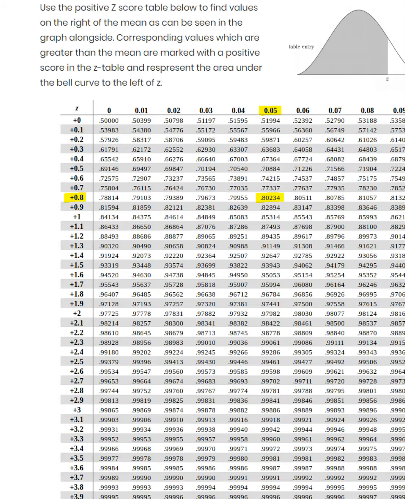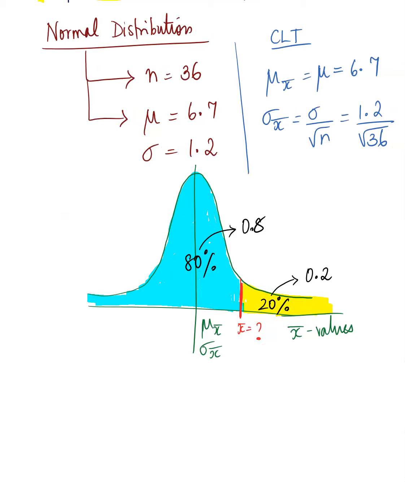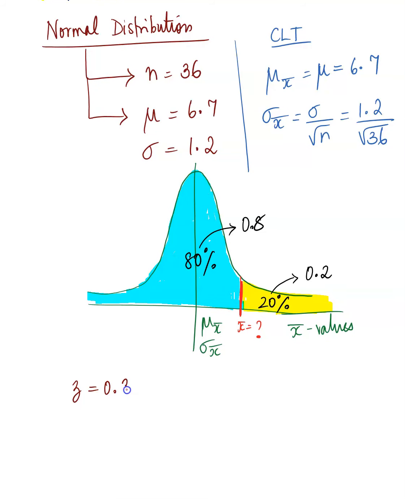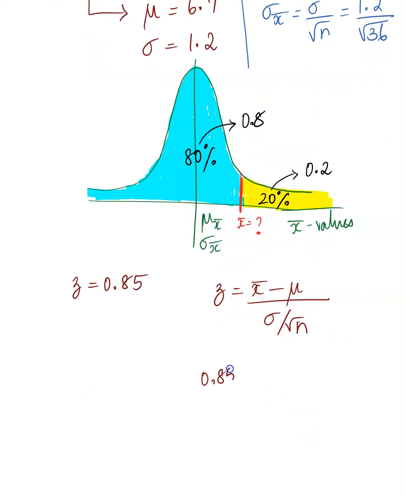Oh, I forgot it. 0.85. So z is from the left cumulative, right? Z is 0.85. So the conversion would be x bar is, by the way, remember the conversion would slightly change because it was x bar minus mu over sigma over root n, right? So here you're going to plug in z as 0.85.